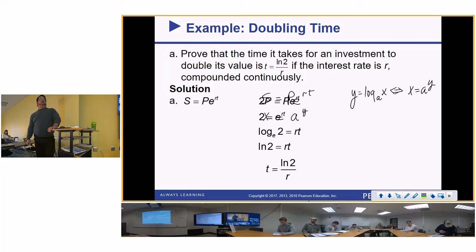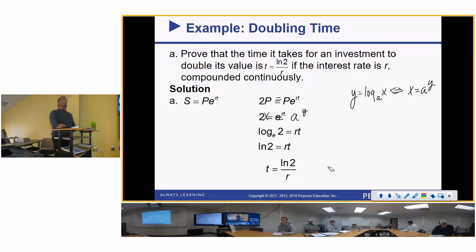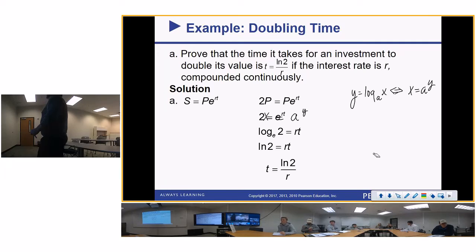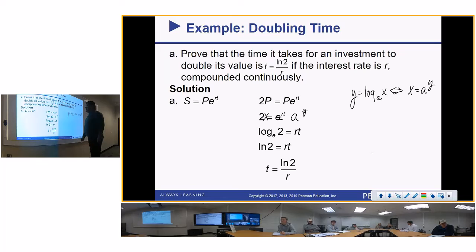Does everybody see what I'm talking about? That P right here, that's not correct. I don't know where that P came from. Because actually you're supposed to take P and divide both sides by P.